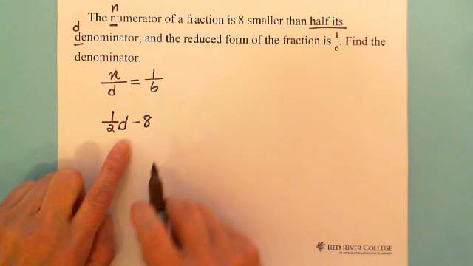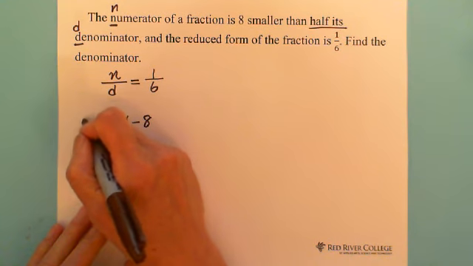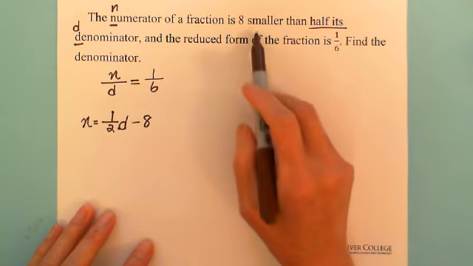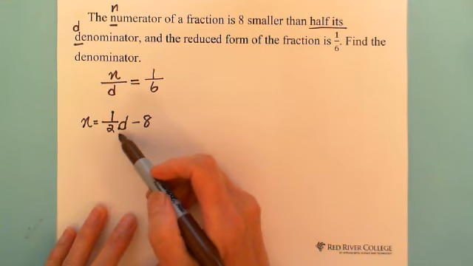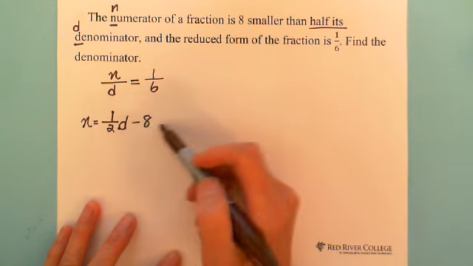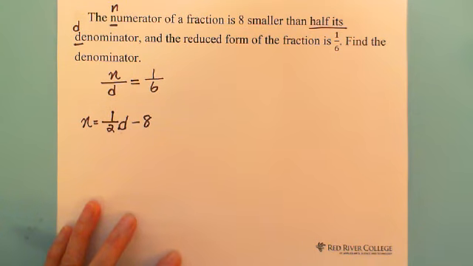This is the numerator. The numerator is 8 smaller than half its denominator, so half its denominator minus 8 is the numerator.